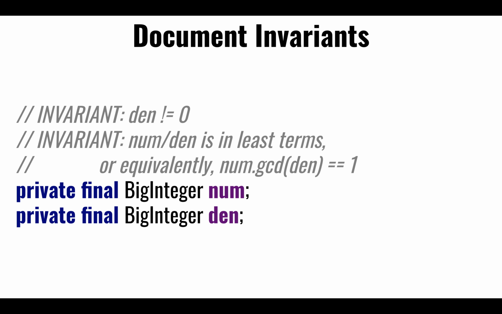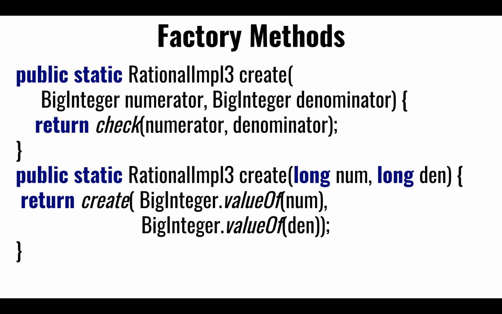Now I'm going to document those two invariants: that there's no smaller greatest common denominator, that it is always 1, that there's nothing smaller than that, and so we're going to break it out.